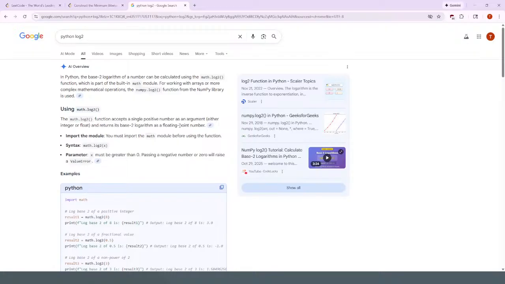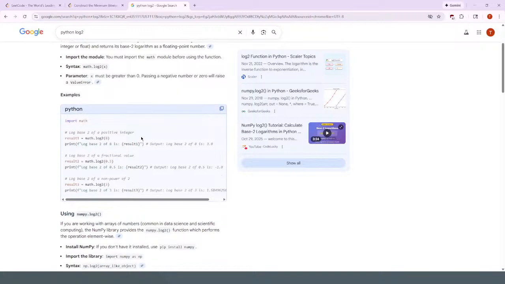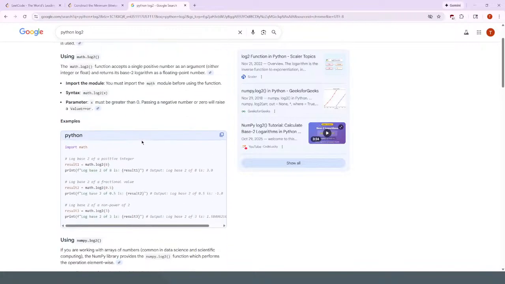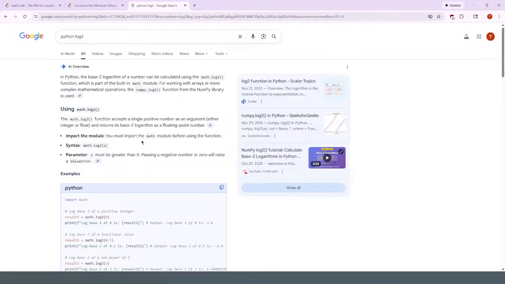How do I check? We'll just do mod 1 equals 0. Parameter x must be greater than 0. Passing a negative number will be 0. Where's the value?